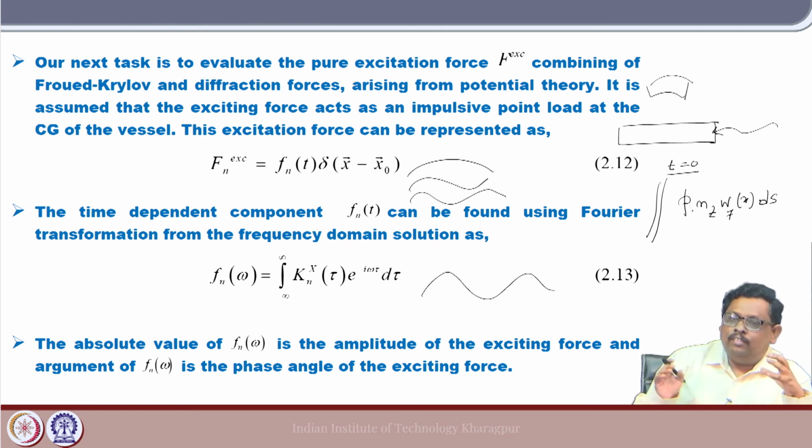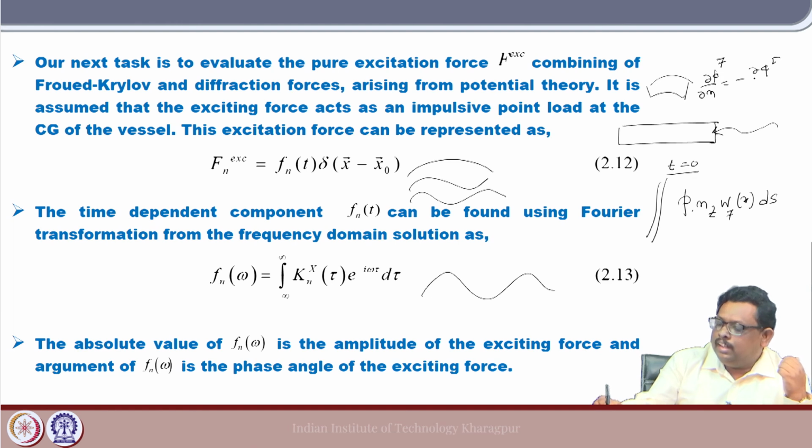Now, when we calculate the pressure and apply the boundary condition, it is always, for the diffraction mode, del phi 7 by del n equal to minus del phi I by del n. This is always the boundary condition. Whether it is a rigid body or a flexible body does not matter; this is the boundary condition.